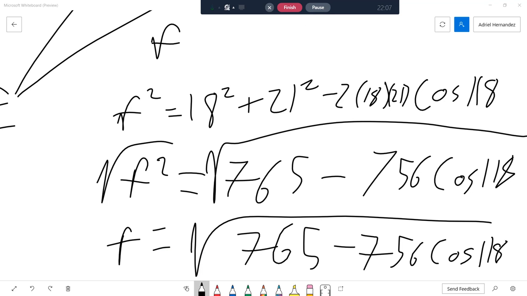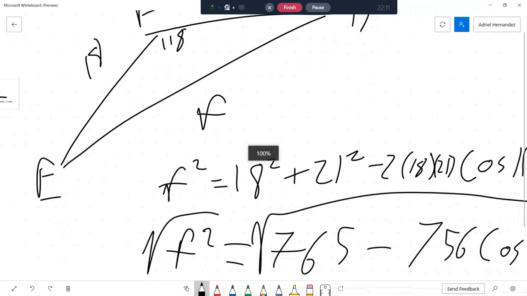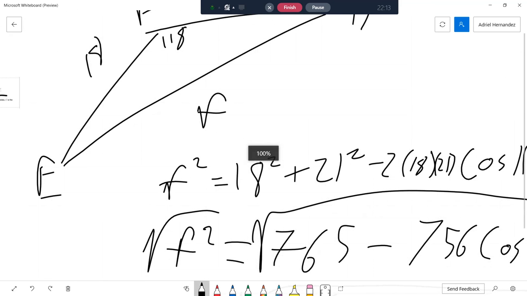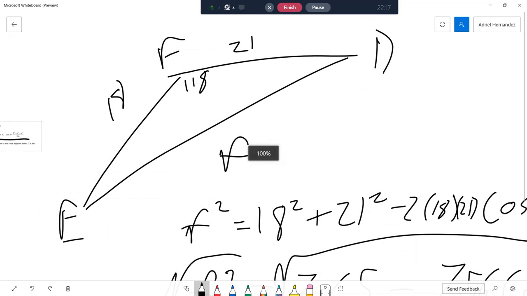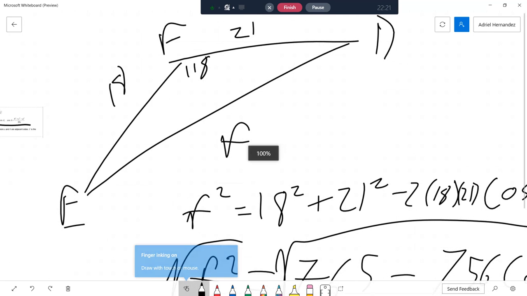So that's how you find F, all that work just to find F. But it comes in handy because now that you have F, you can do law of sines with everything else. You can plug in that giant equation, or you can go to 10 sig figs too.